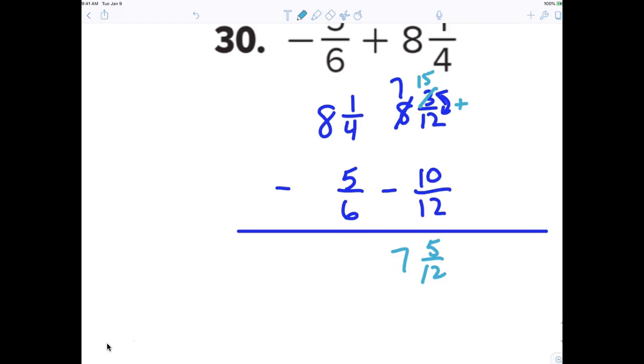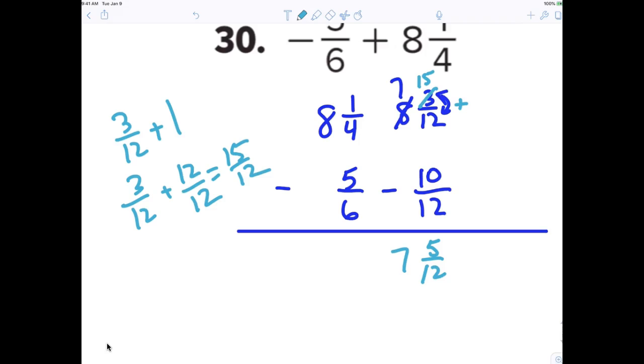That's just a really good review problem about when you have to borrow. All right, now the reason why we're borrowing, I just want to make sure you understand that. 3/12 plus 1 is the same as 3/12 plus 12 over 12, which is the same as 15 over 12. So there's a little shortcut that we teach kids once they understand that concept, that whenever you want to borrow, you always just add the numerator and denominator.